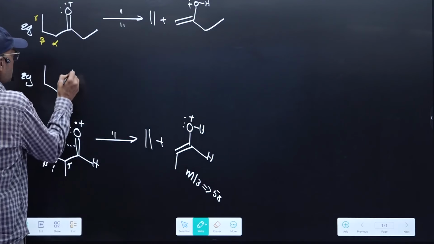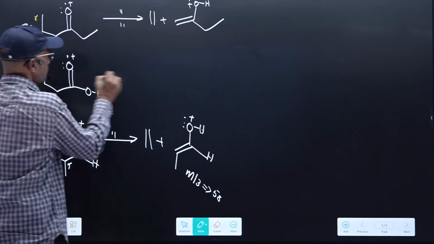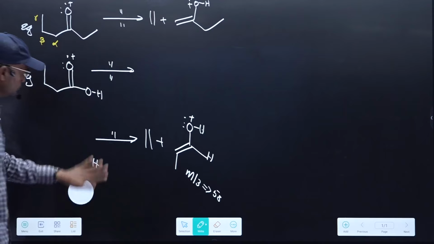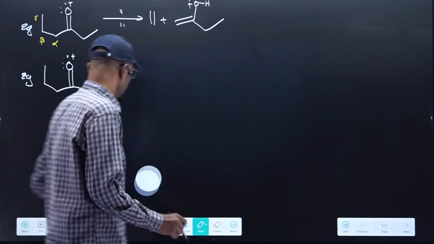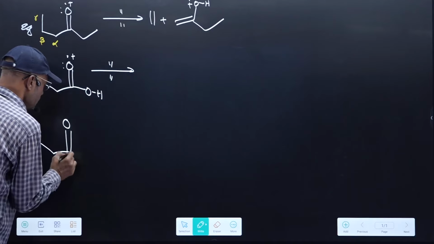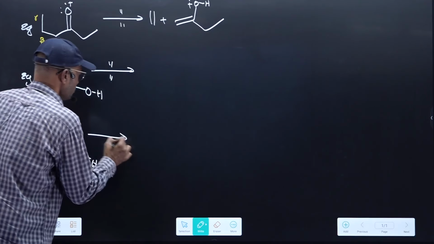Suppose I take carboxylic acid, this is carboxylic acid. Apply McLafferty fragmentation. And here this is ester, this is OCH3, here radical cation, McLafferty fragmentation.